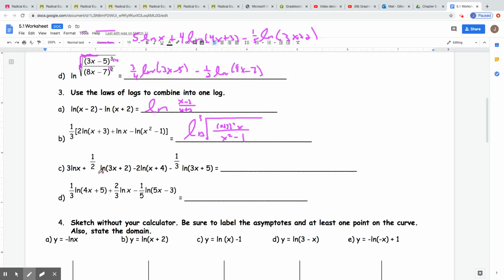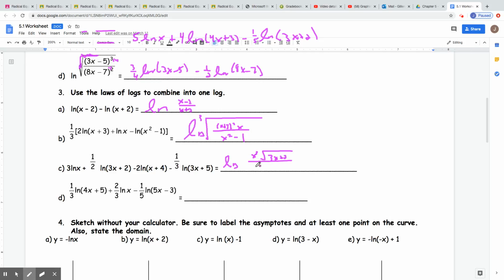All right. For part C, we'll make one big natural log again. As soon as I see that negative, I know I'm going to have some sort of fraction. So 3, that's really x cubed. The 1/2 is really a square root. That's what, 3x plus 2.